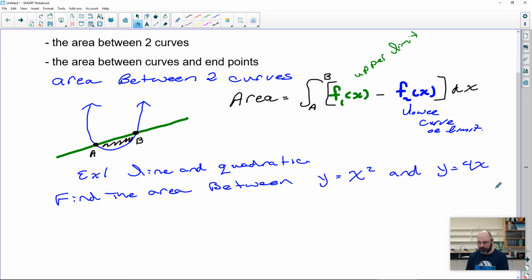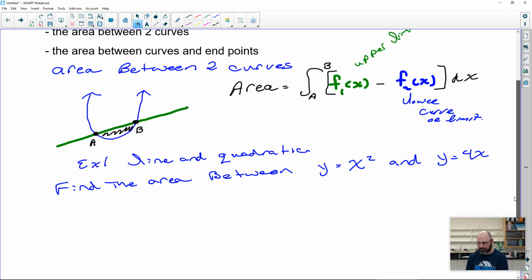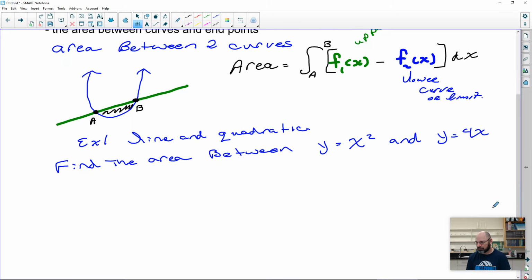So the first thing we have to do here is know which one is on top and which one is on the bottom. You're not sure all the time, but this is going to open up. We know that y equals x squared has a 0, 0 intersection point.